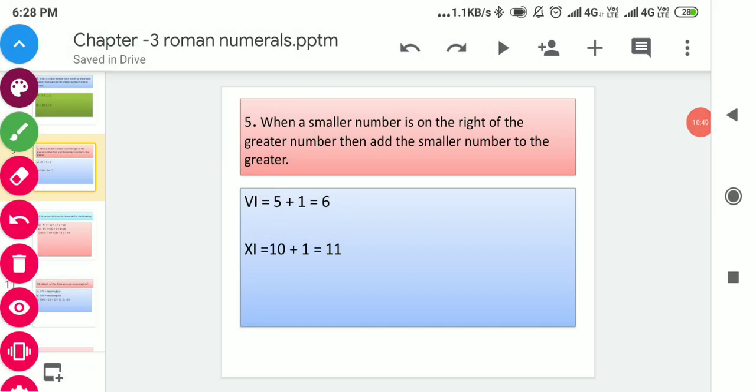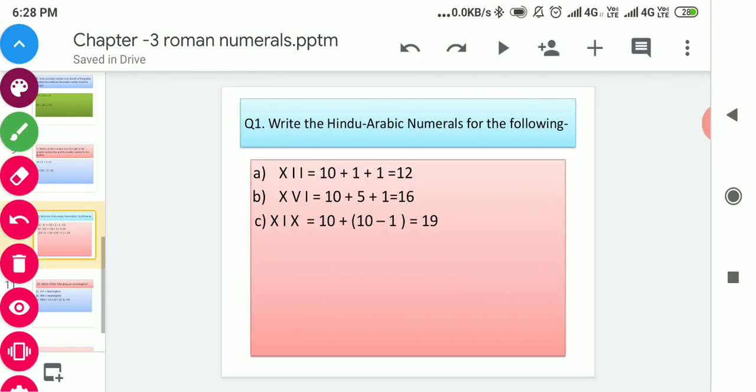I hope you all understood these 5 rules. Now let us solve some questions based on these rules. Question number 1. Write the Hindu Arabic numerals for the following. First question is A. XII. According to rule number 5, if a smaller number is kept to the right of the greater number, then we will do addition.